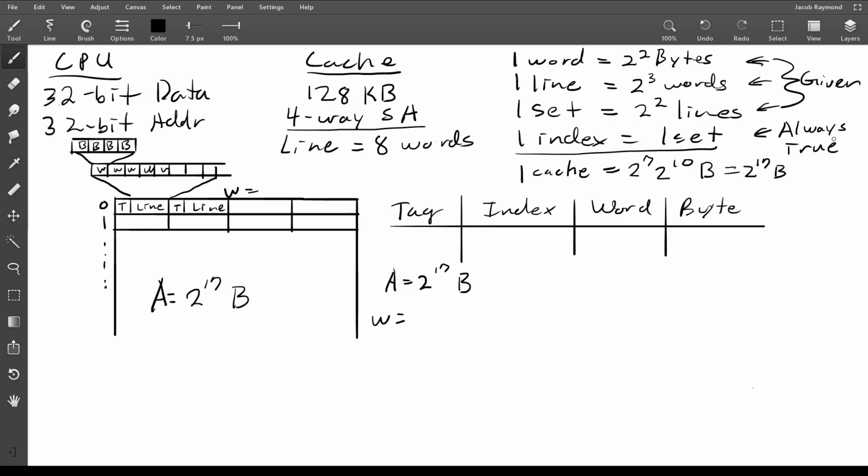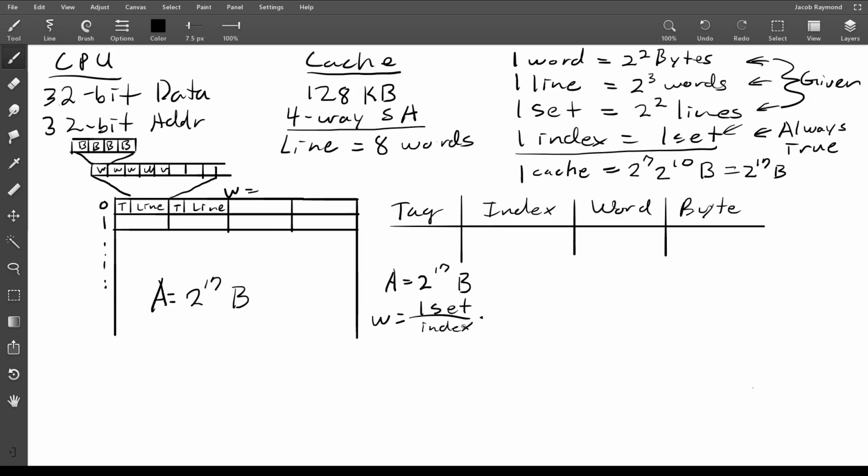Well, we have this always true thing: one set is equal to one index. One index has one set. So we have one set per index. All right, well, we want bytes per index. So can we somehow translate set to something else? Well, here we know how to translate index to set, then set to lines, lines to words, and words to bytes. Well, that's exactly what we want. We want bytes per index.